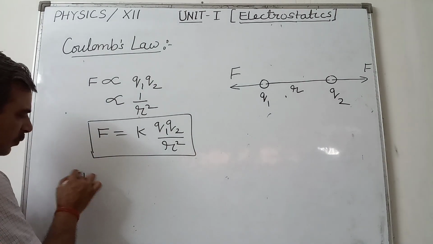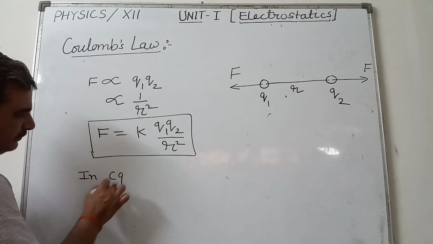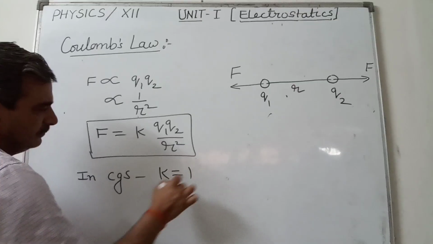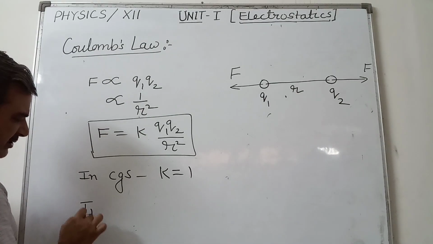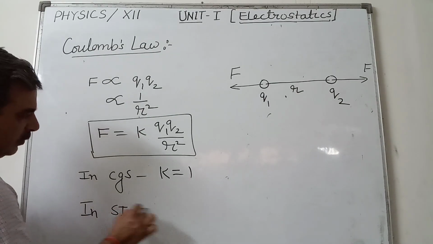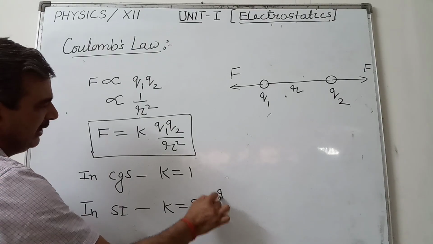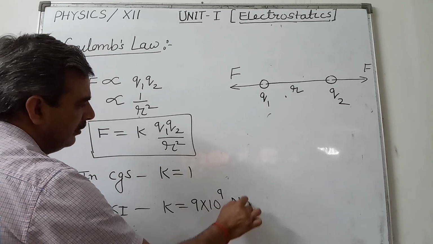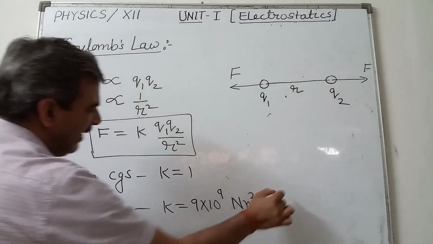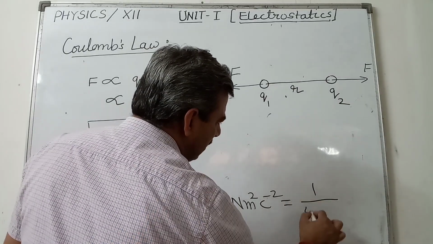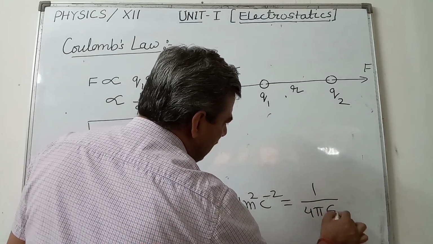In the CGS system, the value of K is found to be 1. But in the SI system, the value of K is found to be 9 into 10 power 9 Newton meter square Coulomb to the power minus 2, which is equal to 1 over 4 pi epsilon naught.